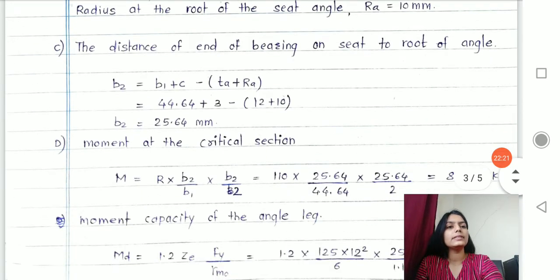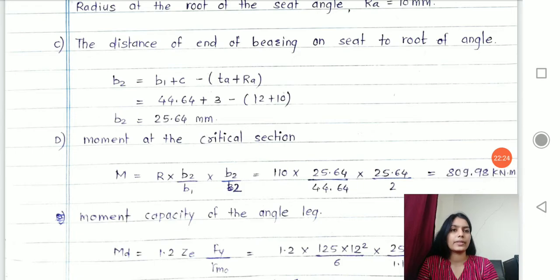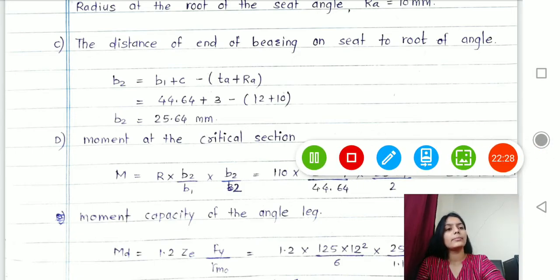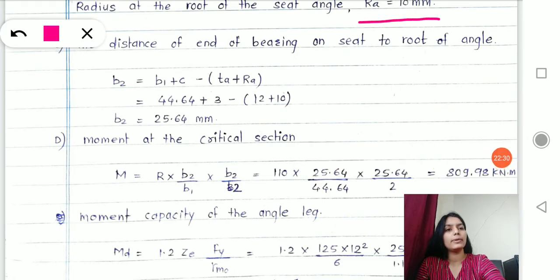Then the distance of end bearing, B2, calculation I am doing now, and that's why I mentioned the RA value over here, so that I can put it into the formulas. Put all the values. B1 we know, clearance C we know, we have assumed 3 mm.